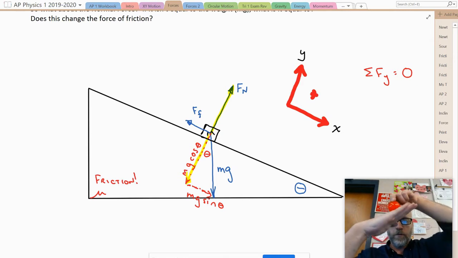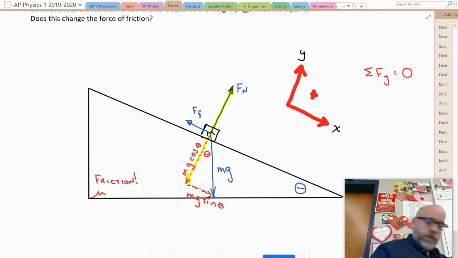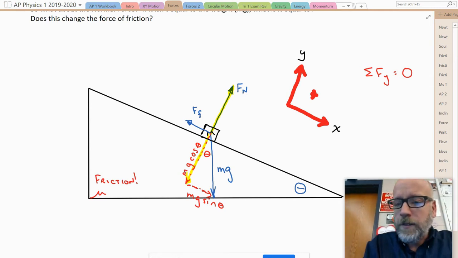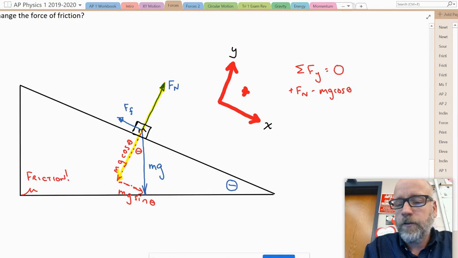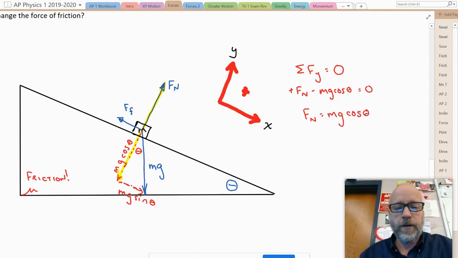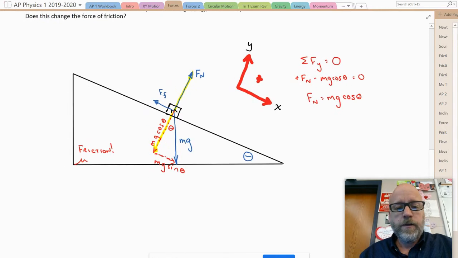So those two forces on the incline have to be equal to each other. So if I say plus Fn minus mg cosine of theta is equal to 0, then the normal force is equal to mg cosine of theta.